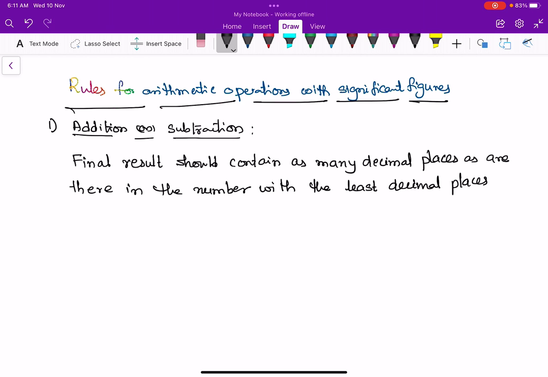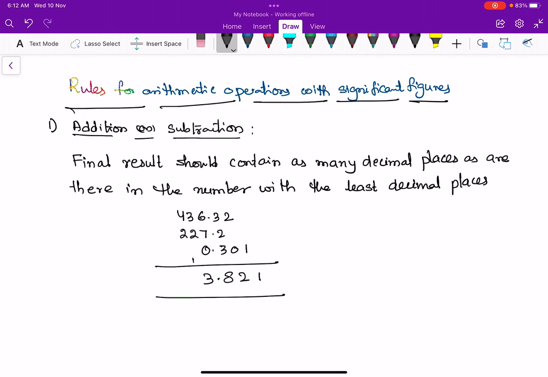See a simple example: 436.32 grams, we add 227.2 grams, we add 0.301. So the sum is 663.821, which is what we learned in lower classes.